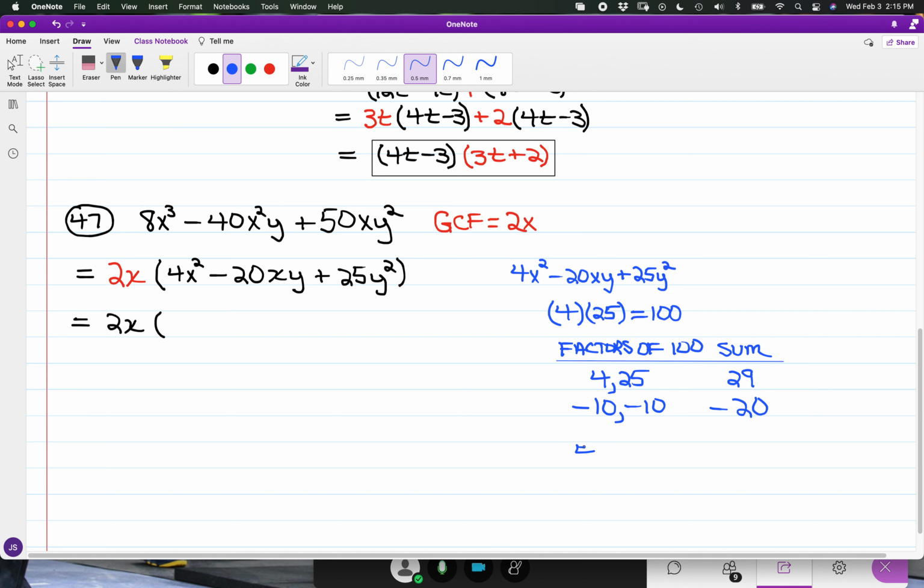So upon taking what we have with the trinomial, I'm going to split up the negative 20xy. Upon splitting up, we're going to have 4x squared minus 10xy.